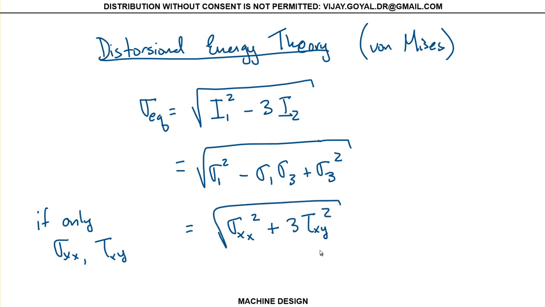And if instead of tau xy you had xz, then just put xz. Doesn't really matter. So this equation becomes very handy and very easy to use.